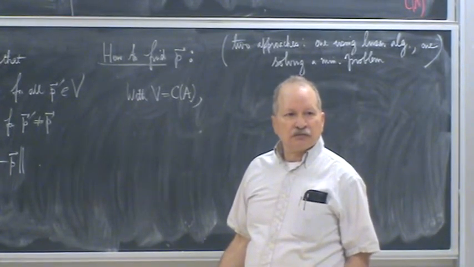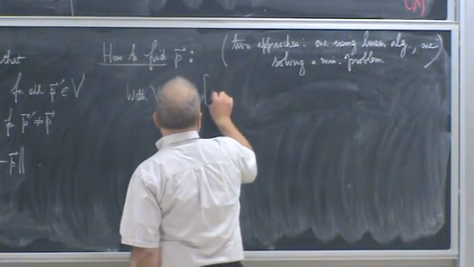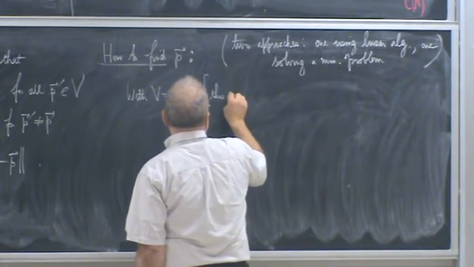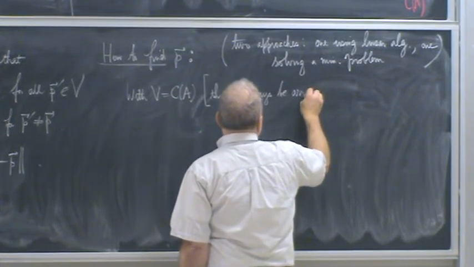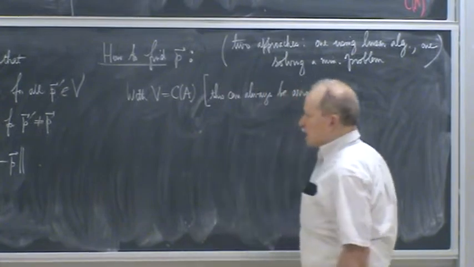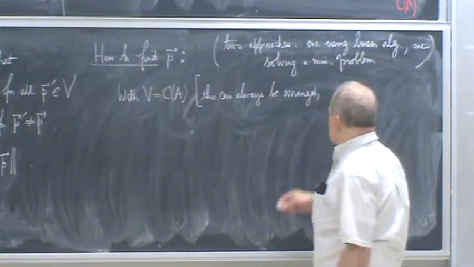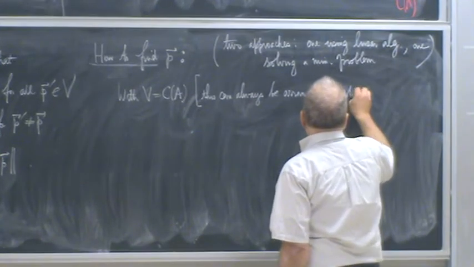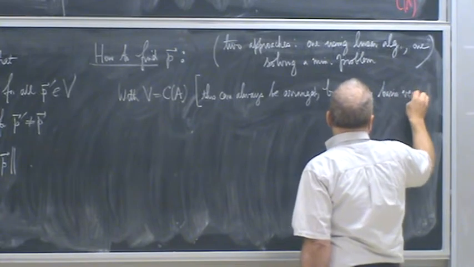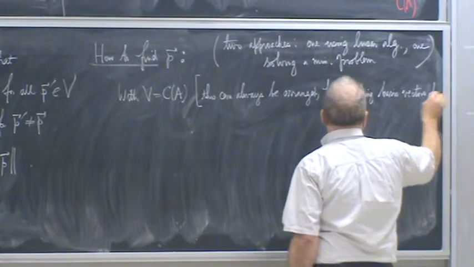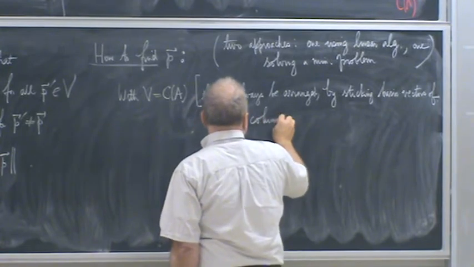You can take the basis and create a matrix out of those vectors. So this can always be arranged by making a basis for V be the columns of your matrix, by sticking basis vectors of V in as the columns of A.